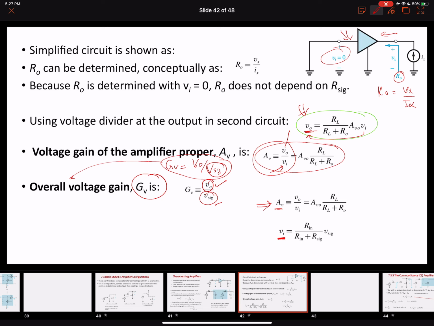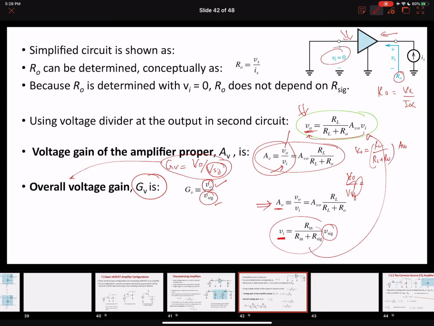So for V0 over Vsig, where is V0? The V0 value is over here, so V0 will become RL over RL plus R0 into Avo into Vi.